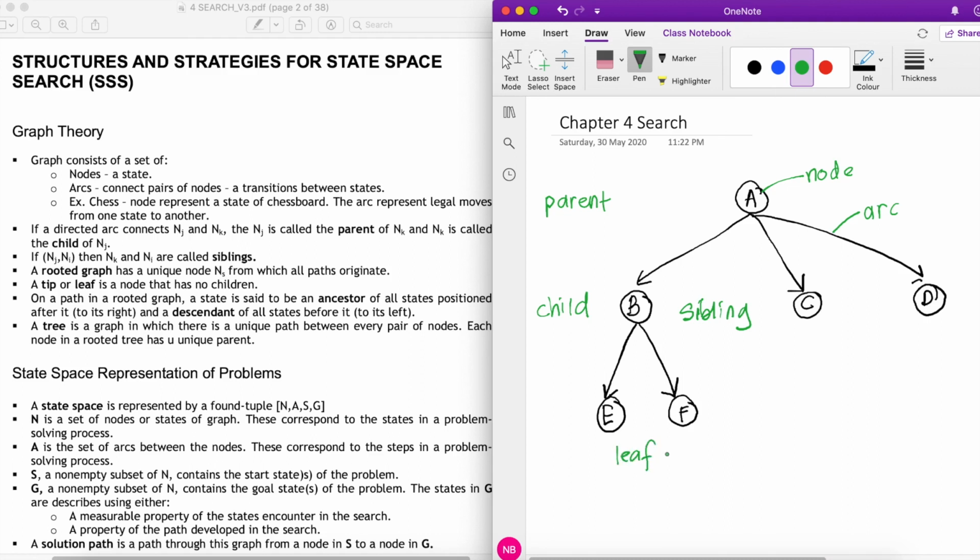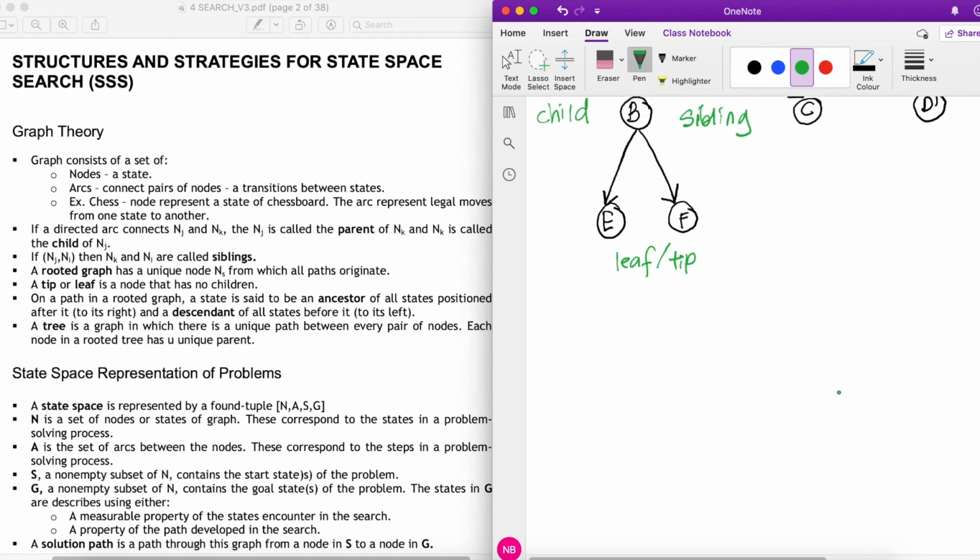Why is it called a leaf node or tip? Because it does not have any more children. So B is not a leaf node, C is a leaf node, and D is also a leaf node. This is how we represent a tree in state space search, and usually this is called a graph.